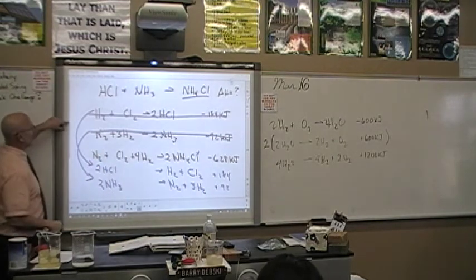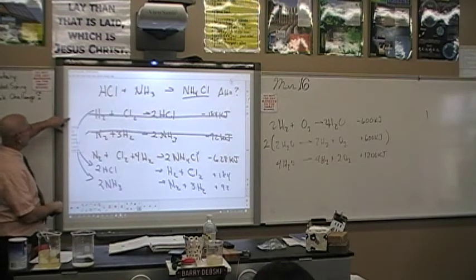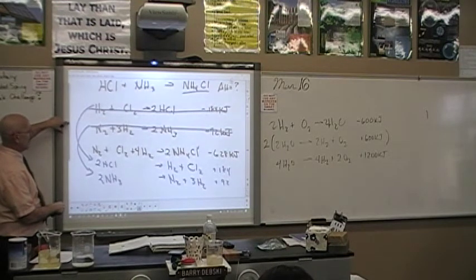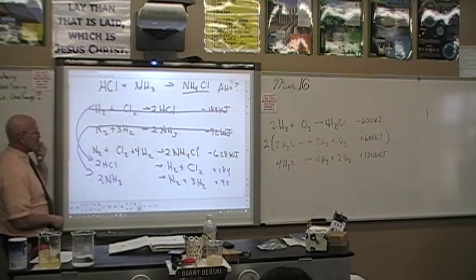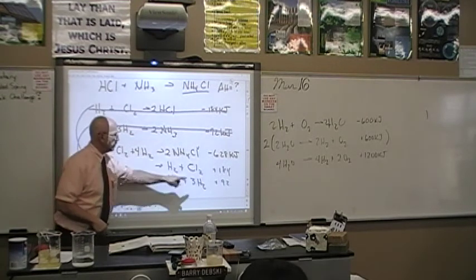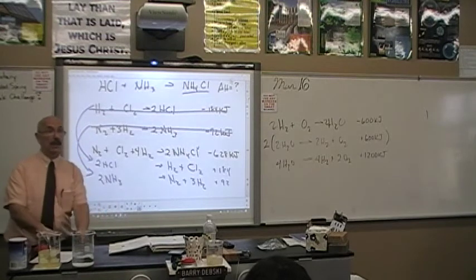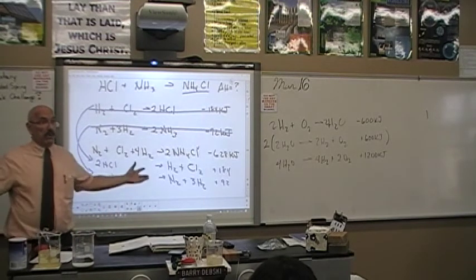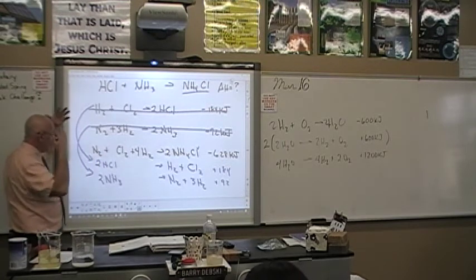Right with me so far? All we've done is flip 2 things around. So I got NH4Cl on the right-hand side. I got my ammonia and my chlorine on the left-hand side. And I got nitrogen, nitrogen; those will cancel out. Chlorine, chlorine; those will cancel out. Look at this, we're almost done.